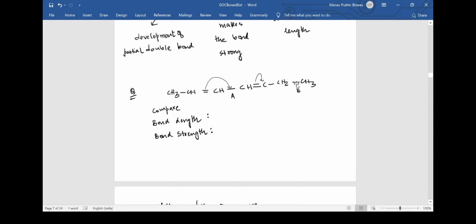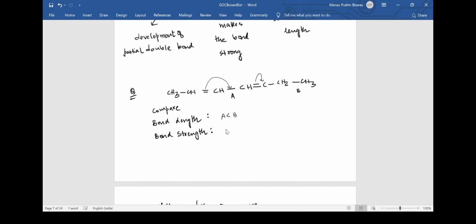That means that no pi bond can ever get formed at this place. That means this single bond remains a single bond throughout, but this other single bond might get converted to a double bond when resonance is taking place. So we can say that this double bond character helps in decreasing the bond length of A. So the bond length of A will be less than B. This is the first answer.